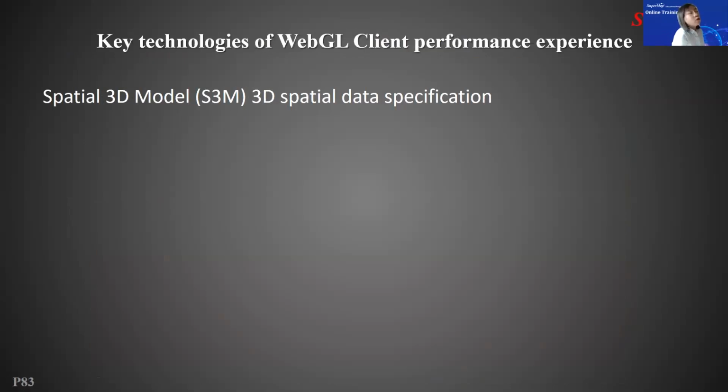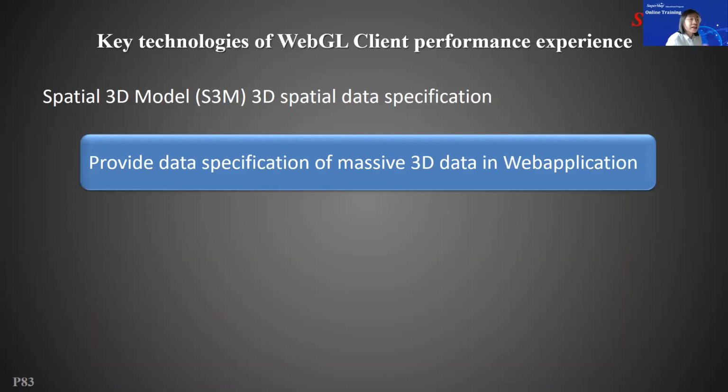Before we start with the WebGL client, what we need to know about is S3M. It stands for Spatial 3D Model. It's a 3D spatial data specification, and it's a standard 3D format in China. So what's the advantage of this format?